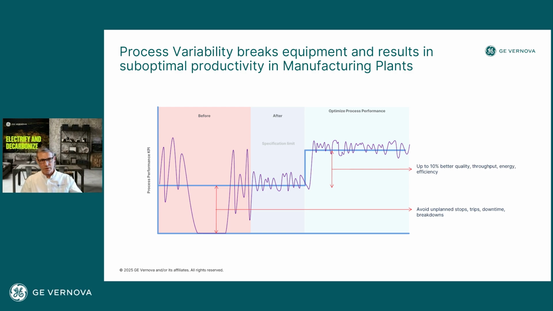It can come from variation in the quality of your raw materials or variation in inconsistent human operated decision making, or the environment in which your asset operates or your manufacturing plant operates. Maybe humidity or ambient temperatures vary. But variability in performance and process variability ultimately results in suboptimal productivity and can cause unplanned downtime and results in the fact that you will operate less efficiently.